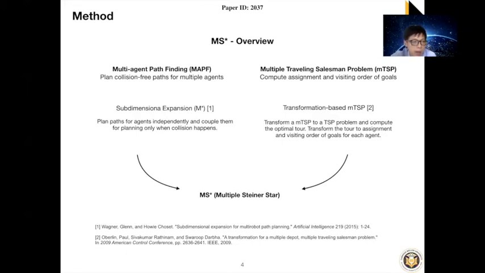We leverage the transformation-based algorithm to generate a TSP problem from the original multiple TSP problem, and then compute the optimal tour. With this optimal tour, we can then extract the assignment as well as the optimal visiting order of goals for each agent. We name our algorithm MS-star, where M stands for multiple agents and S stands for Steiner TSP problem.